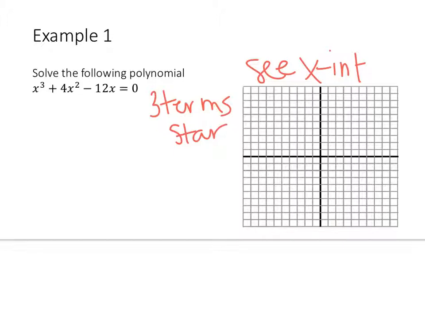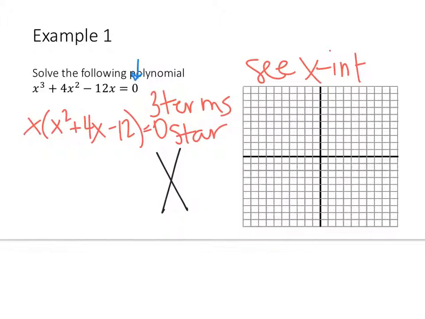I see that x cubed, 4x squared, and negative 12x, they all have an x in common. Another thing you have to be sure of before you factor is it has to be set equal to 0. Since this one already equals 0, I don't have to do anything here. So once I take an x out of everything, I can now factor this using the star method.